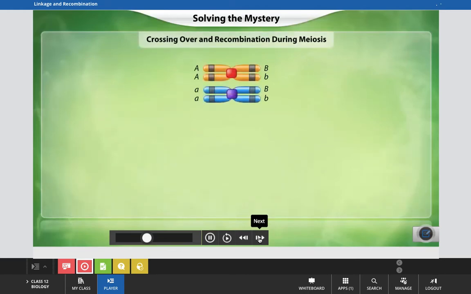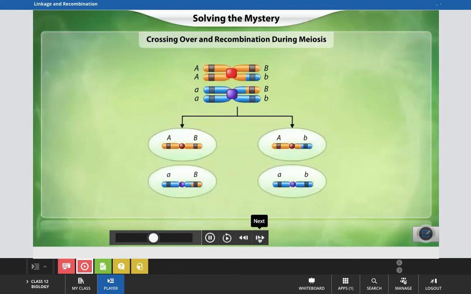The genes present far apart on the same chromosome get recombined by crossing over during meiosis. This was what happened in Mendel's experiments, helping him to arrive at a consistent set of results.